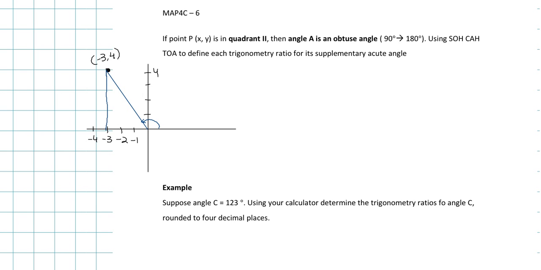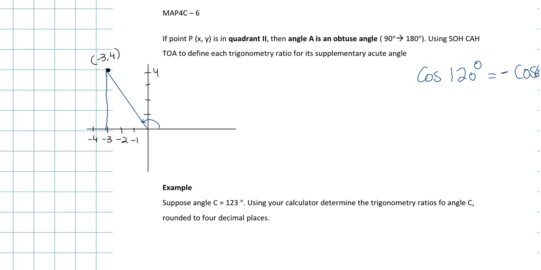Don't write this, but cosine 120 is the same as cosine 60, but negative. It's the same value, but one is positive and the other is negative.